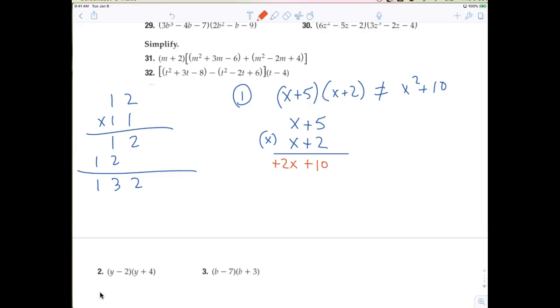And then x times 5, positive 5x. And then x times x is what? X squared. Now you add that together, just like you did before. That's how we got x squared plus 7x plus 10. It is very, very easy.